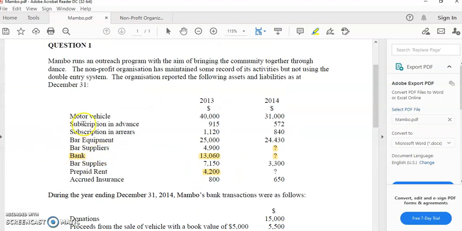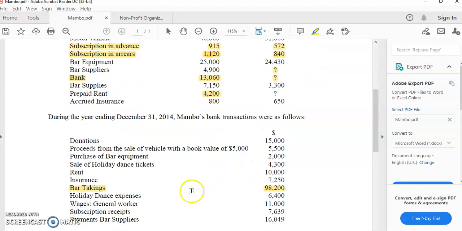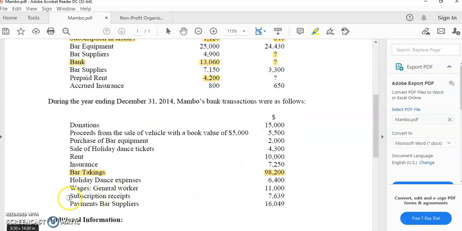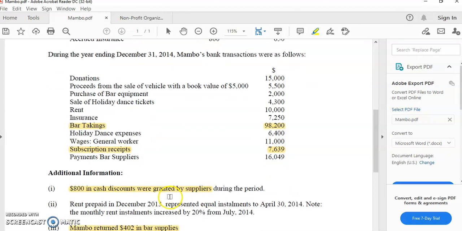Why are we making an adjustment? Because we have subscriptions in advance at the beginning of the financial year of $915, and at the end of the financial year $572. We have subscriptions in arrears at the beginning of the financial year $1,120, and at the end of the year $840. During the year, they received $7,639 in subscriptions.